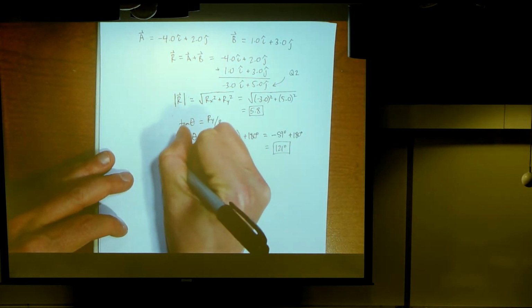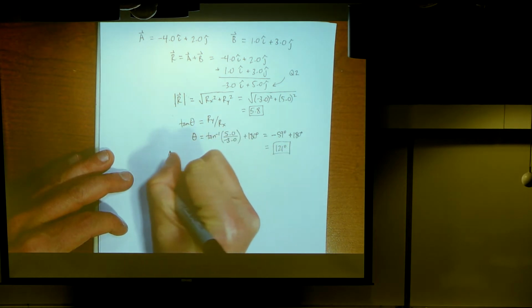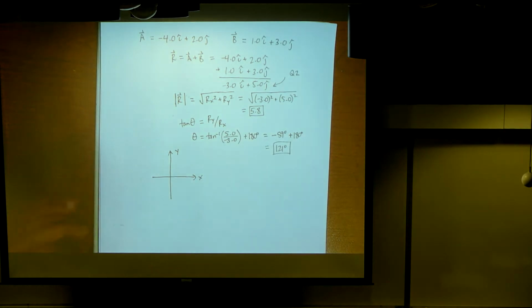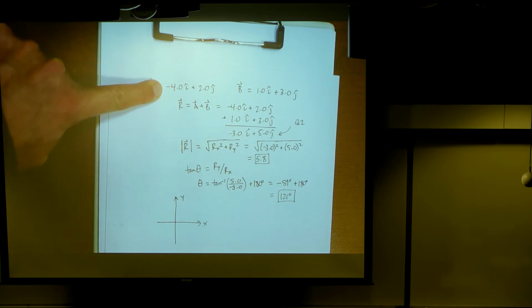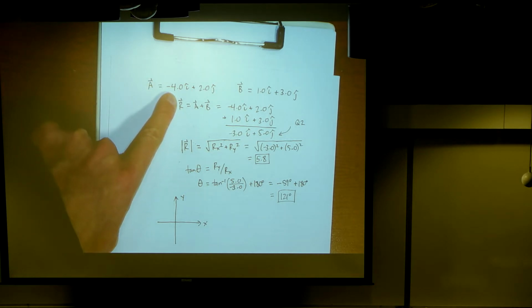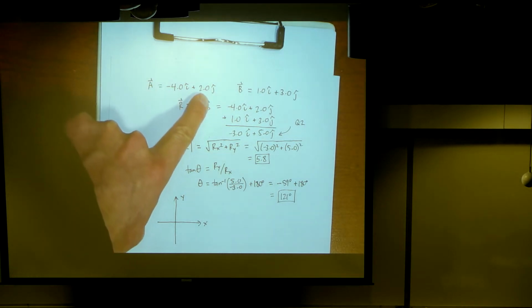I'm going to draw a rough sketch of the diagram which shows these two vectors added together, okay? So here we go. Vector A. Which quadrant is this vector pointing into? The one that has a -4 for the x component and 2 for the y component.